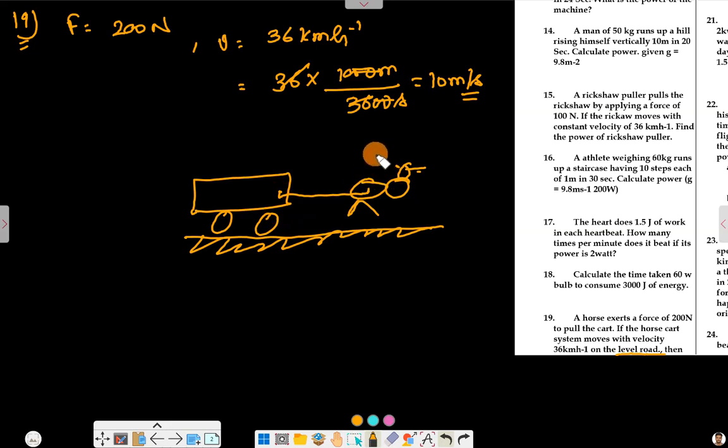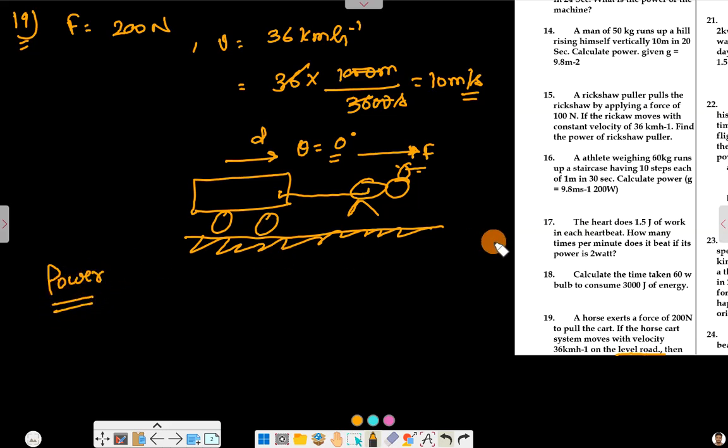So the horse is applying force in the forward direction and the cart is also moving in the forward direction. So displacement is also in the forward direction and force is also in the forward direction. So the angle between force and displacement, theta, is equal to 0 degree. Both are in the same direction. Now we have to find out the power.